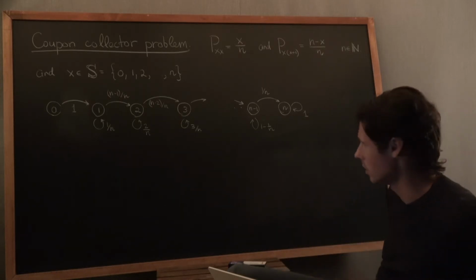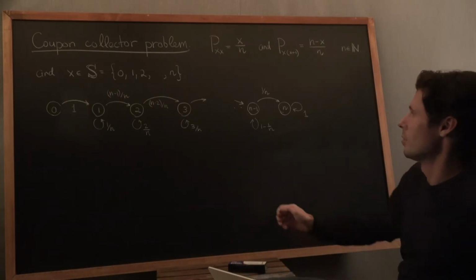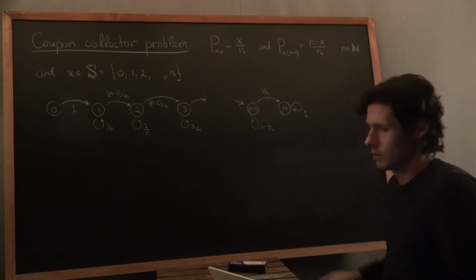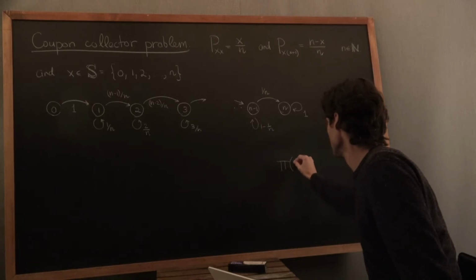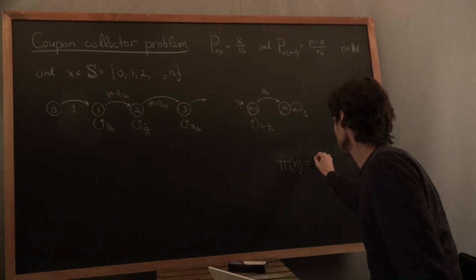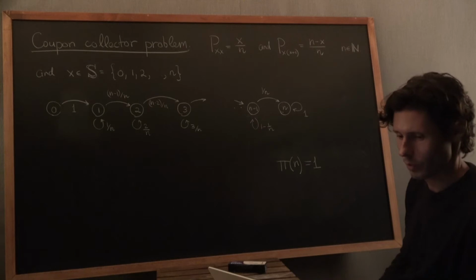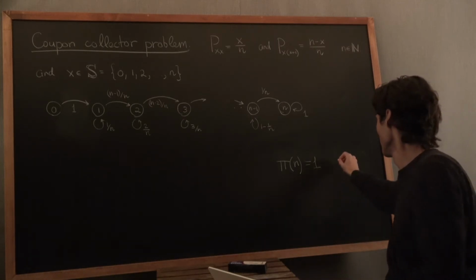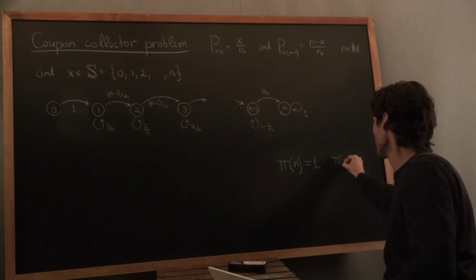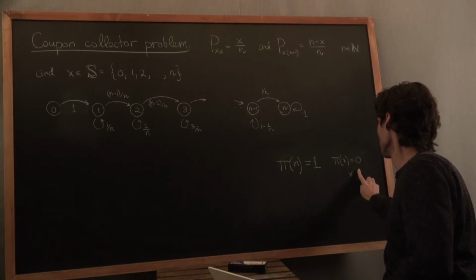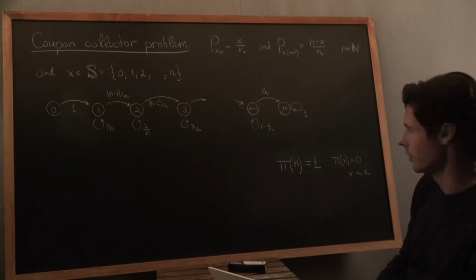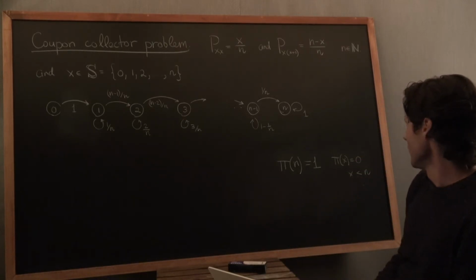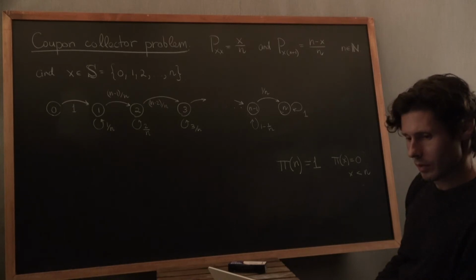Something really bad has to happen to stay at 2 coupons; you're just always going to keep accumulating them. And so for that reason, pi n equal to 1 is the stationary distribution, which means pi x is equal to 0 for all x not equal to n.